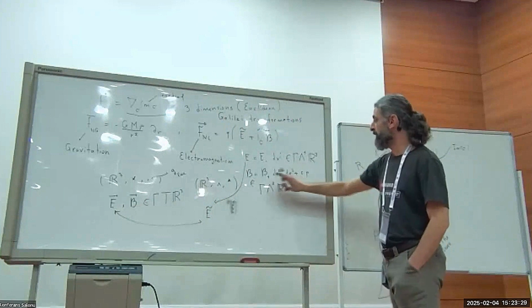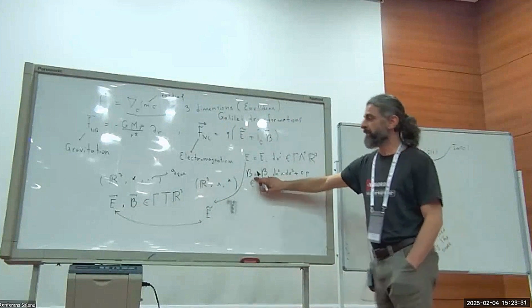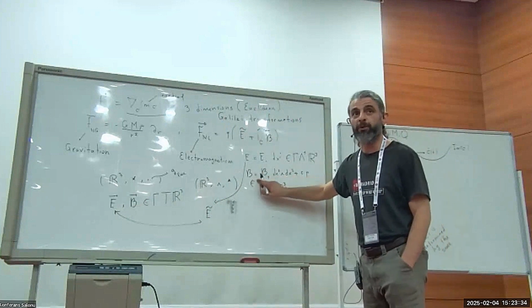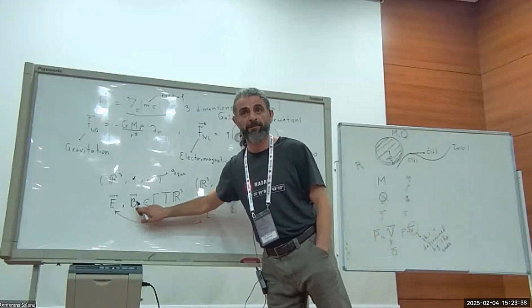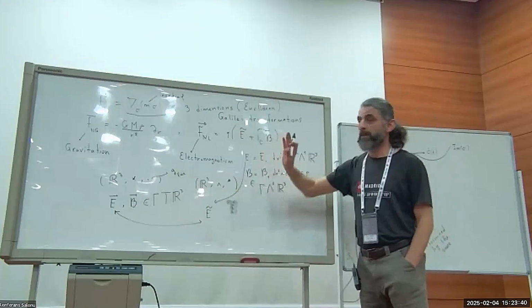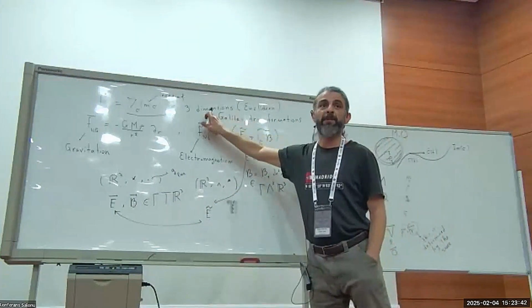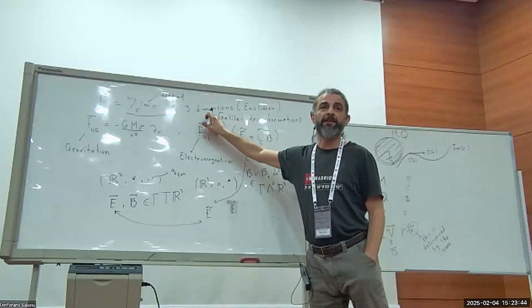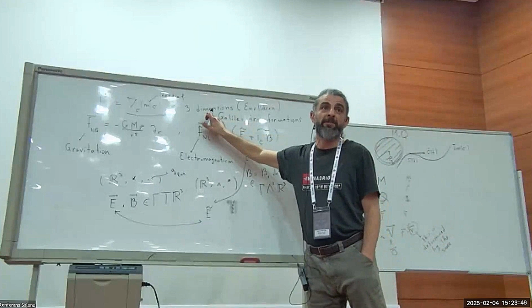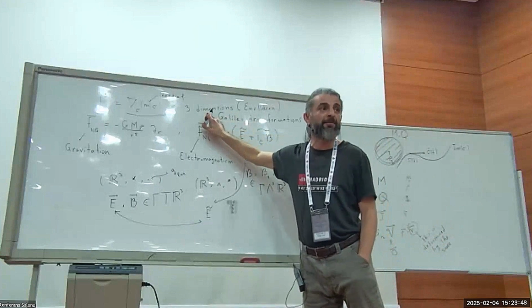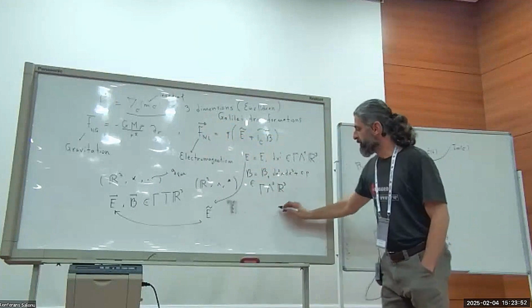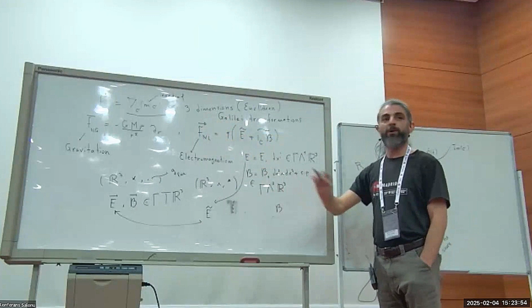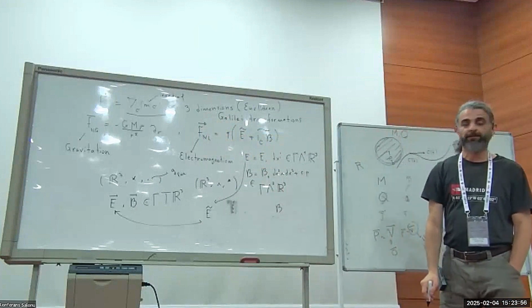Okay? But what about this? What's the relation of this 2-form, magnetic 2-form, with the magnetic vector field? Remember that we are in 3 dimensions and everything is moving slowly with respect to the speed of light in vacuum, okay? So B is a 2-form.